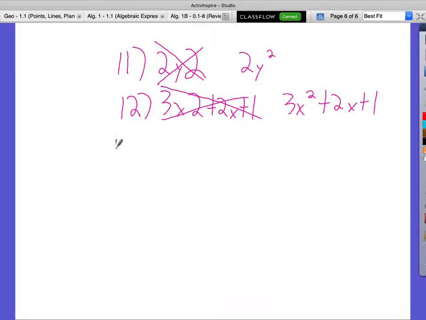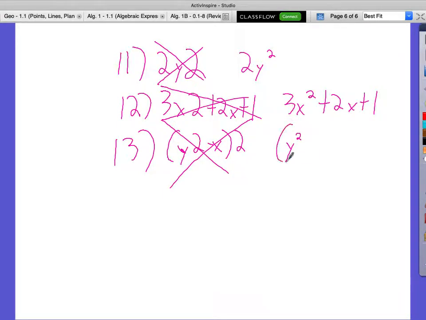And then last but not least, on 13, it currently says y2 minus x2. But what it should say is y squared minus x, and then the square outside the parentheses. Okay? So on the right, this is what they're supposed to say on 11, 12, and 13.